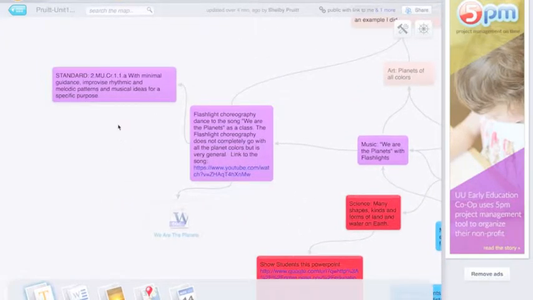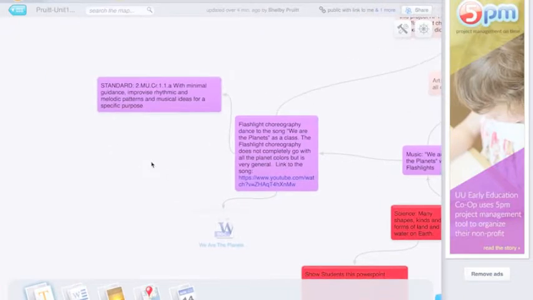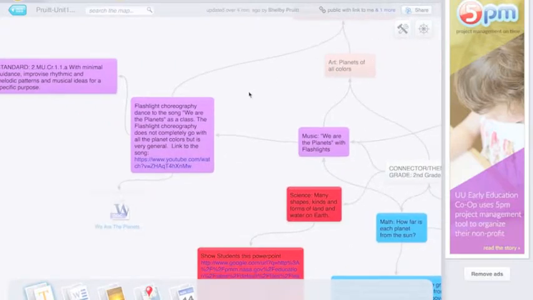So they are going to do the flashlight choreography that I have right below it, linked to it. The standard I'm using for this is, with minimal guidance, improvise rhythmic and melodic patterns and musical ideas for a specific purpose.